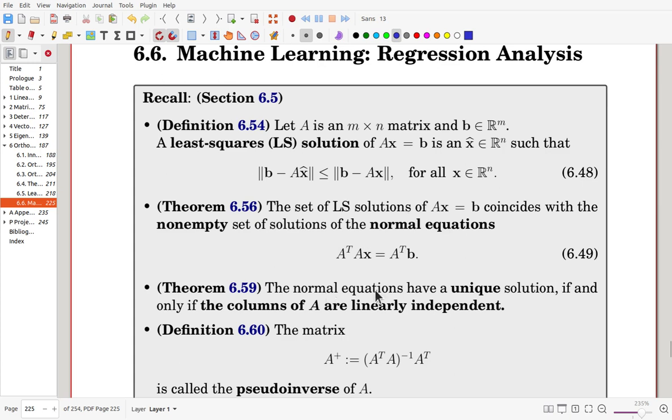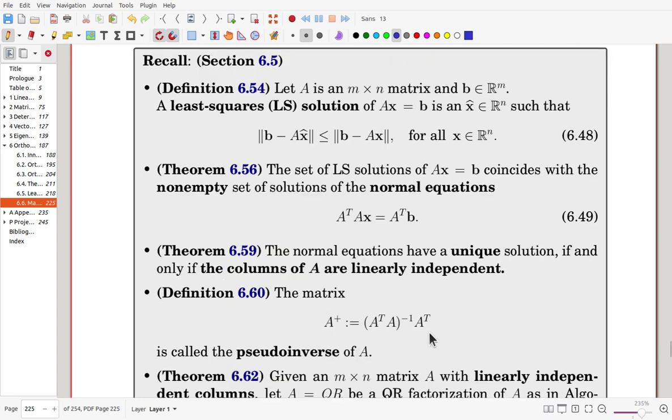The normal equations have a unique solution if and only if the columns of A are linearly independent. So when the columns of A are linearly independent, then A^T A is invertible, and we can define the pseudo inverse of A. So x hat will be the pseudo inverse of A times b.